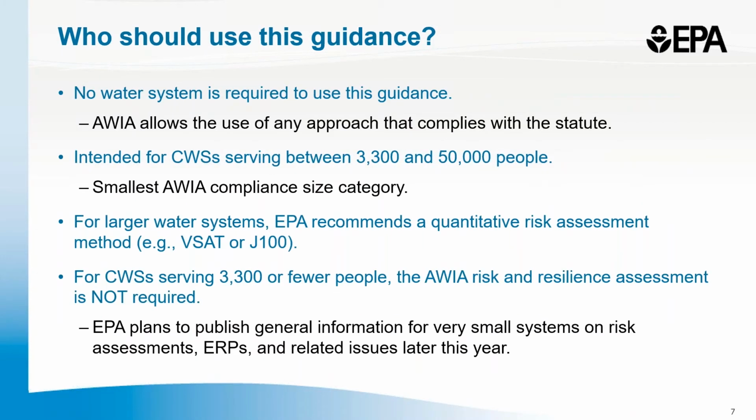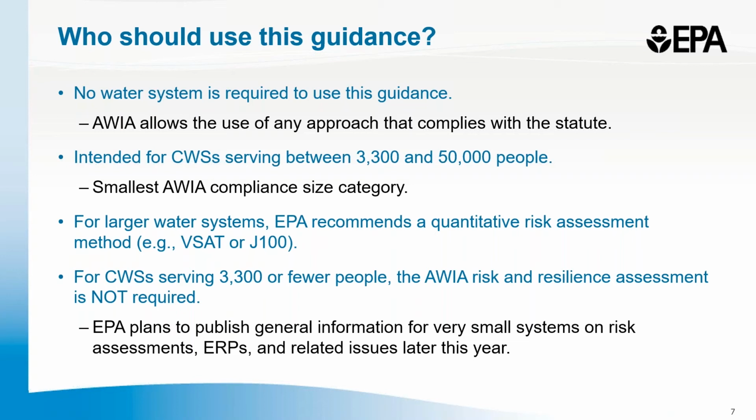So who should use this guidance? No water system is required to use this guidance. The America's Water Infrastructure Act allows any approach that complies with the statute. It's primarily intended for clean water or community water systems serving between 3,300 and 50,000 people, which is the smallest size category that must comply with AWIA.